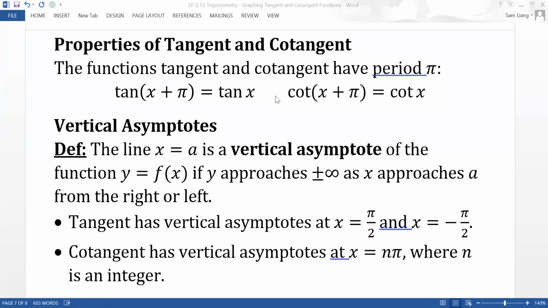They kind of look like reflections of each other, but they're not inverses of each other. Sure, they're reciprocals of each other, but they're not inverses in the sense that tangent composed with cotangent does not equal x.